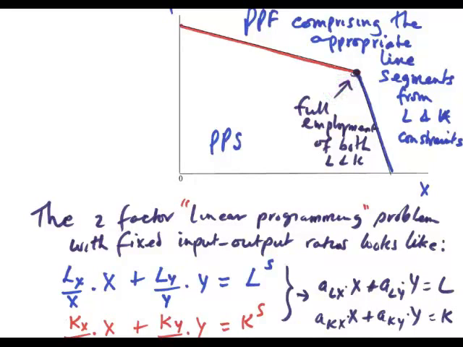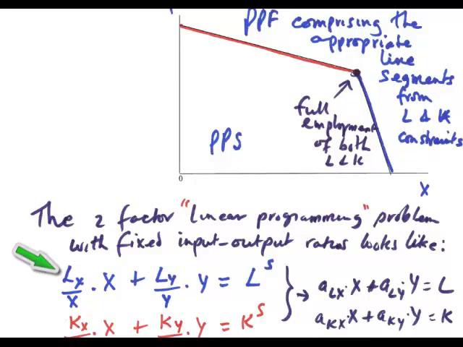Recall when I introduced the Ricardian model, I took the labor demand and divided the quantities of labor by the quantities of output and created input-output ratios. I'm going to do the same thing at this point with the two-factor model. If you look at the first equation, you'd see that's exactly what we had for the Ricardian model.